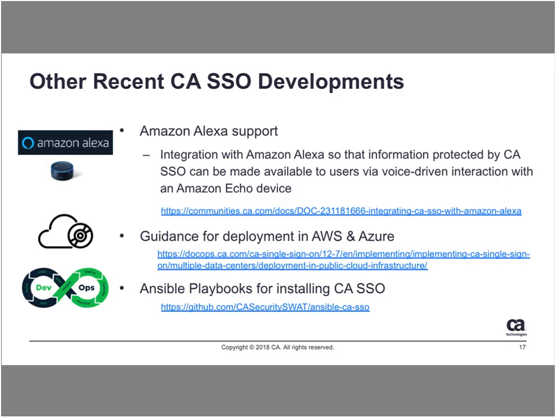We've offered additional guidance for deployment in AWS and Azure in our technical information, and we've published on GitHub an Ansible playbook associated with installing CASSO. Those latter two items are a little outside the scope of OpenID Connect, but in the interest of sharing this information more broadly, we hope you'll find and take advantage of them.